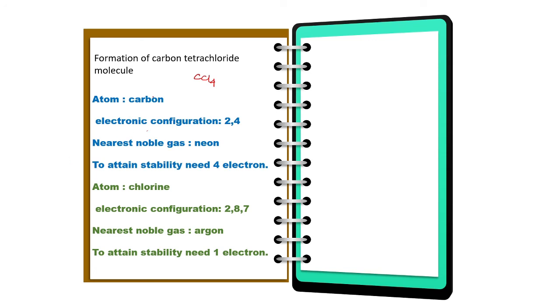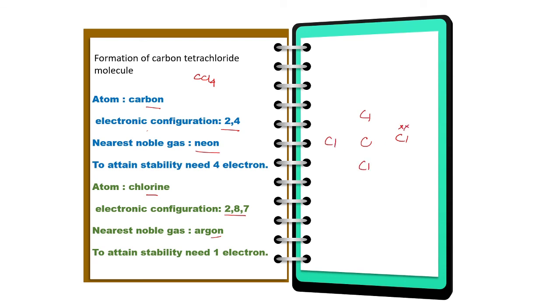So the combining atoms are carbon, whose electronic configuration is 2, 4. The nearest noble gas will be neon because it will accept 4 electrons to gain stability. Chlorine, whose electronic configuration is 2, 8, 7, needs 1 electron for its stability to attain the electronic configuration of argon. So let us draw carbon at the center and place chlorine at 4 different corners.